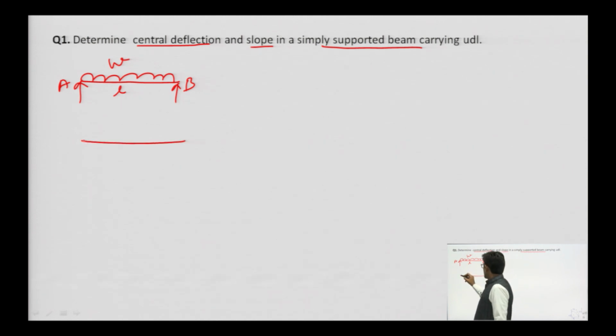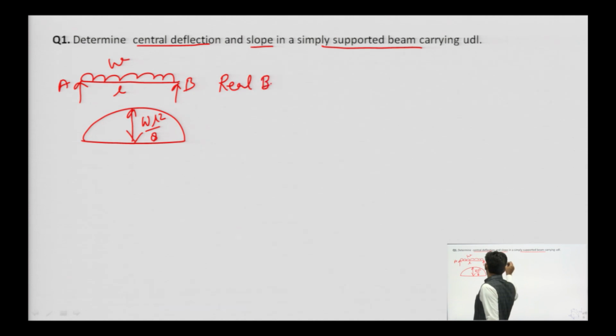We know that the bending moment at the midpoint is WL square by 8. So, this is the real beam.